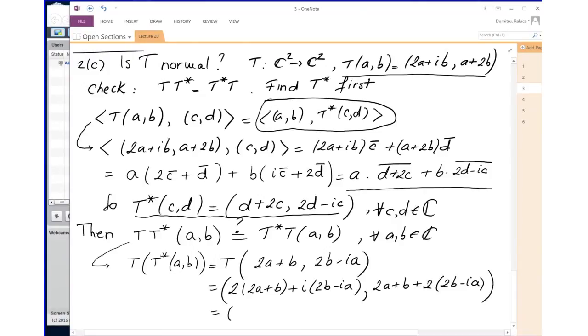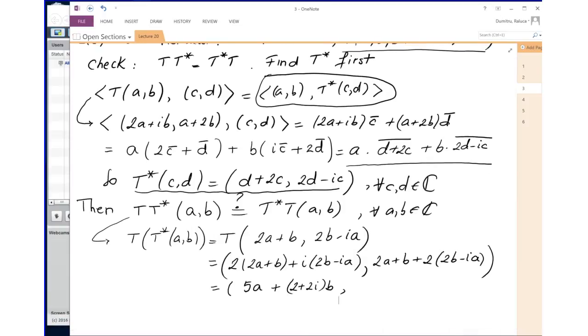And that is 4A minus I squared A, so plus A, that's 5A, plus 2B plus 2IB. And 5B plus 2 minus 2IA. That would be the left side.